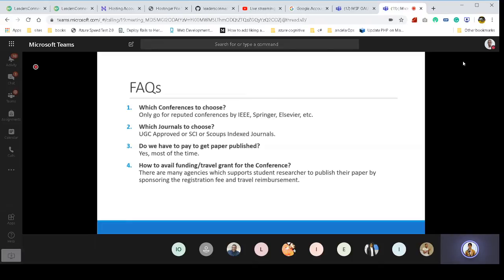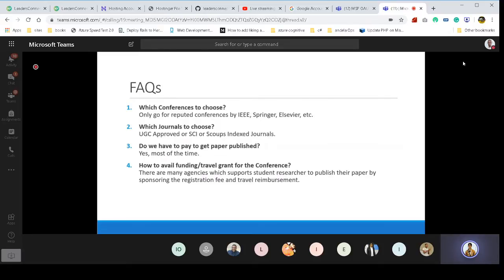If you're going for conferences, yes, most of the time. If you're going for journals, even then, significantly 50% of the time you need to pay. But if you're going for some open source journals, you may get it for free, but it takes a lot of time. So if you are patient enough, you can get your study published for free.